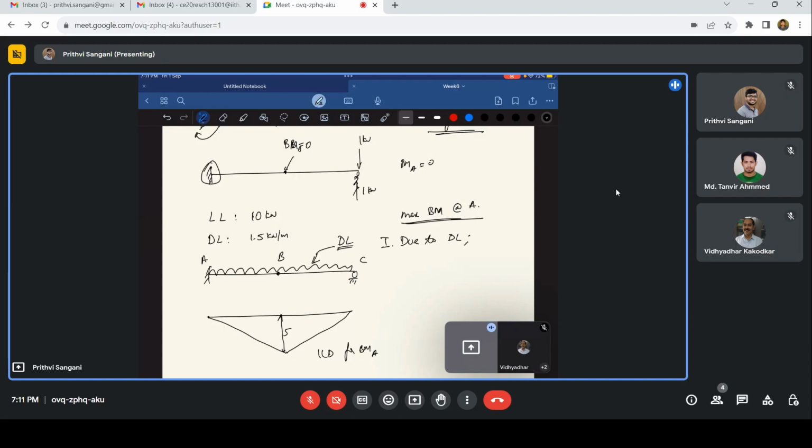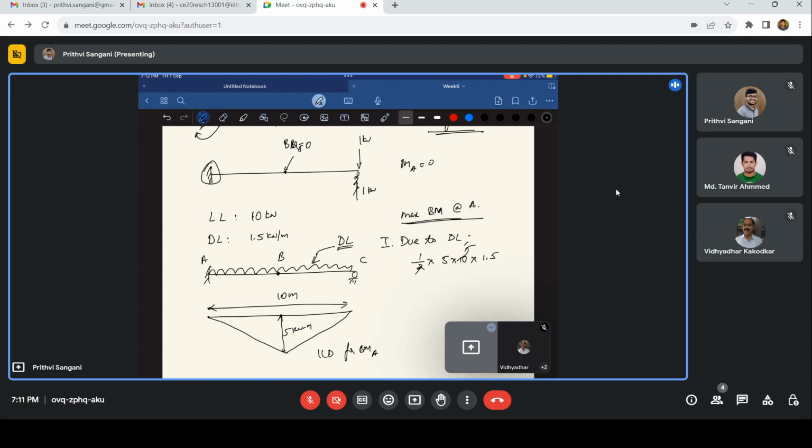Due to dead load, it is half times 5 times 10 times the total dead load, which is 1.5. Okay, and that is 5 times 5 is 25.